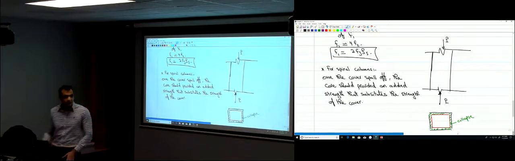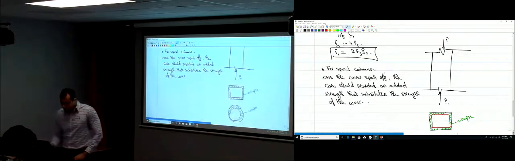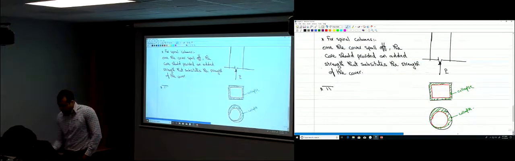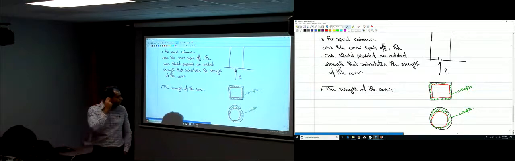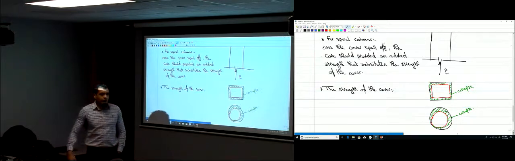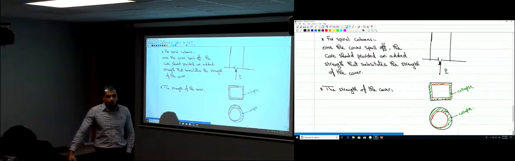Okay? Is that clear? So how much is the strength of the cover? The force that the cover can hold. How much is the magnitude of the force that the cover was resisting?